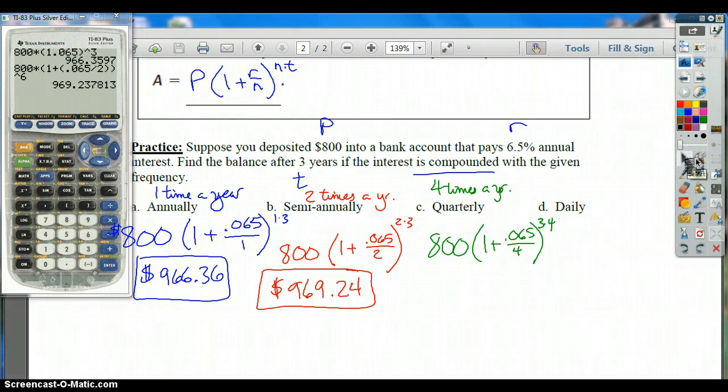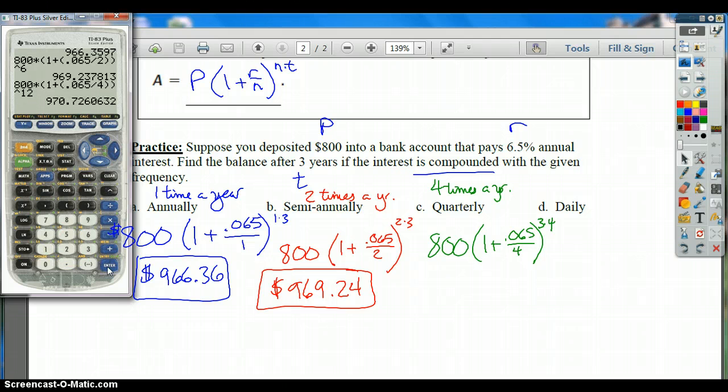Again, be very careful when you're typing this in. I got 800 times 1 plus 0.065 divided by 4, close my parentheses twice, and now I'm raising it to the 12th power. Hey, slight increase again: $970 and 73 cents.